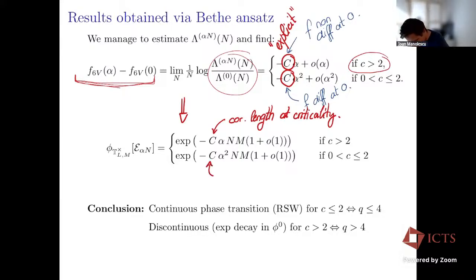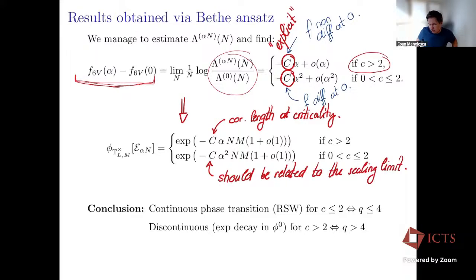And here, this constant, which is much more interesting, in the case of continuous phase transition, should be related, as I said, to the scaling limit. And when I say should be related to the scaling limit, to me, the fact that this constant exists and that you can compute it or at least show its existence is already a strong indication that the scaling limit should exist.